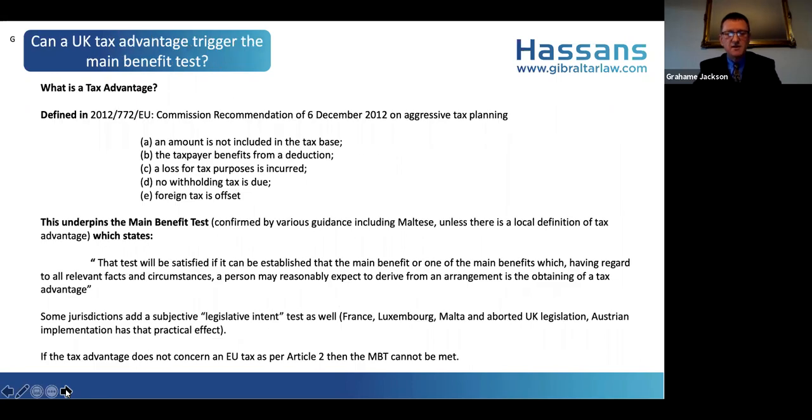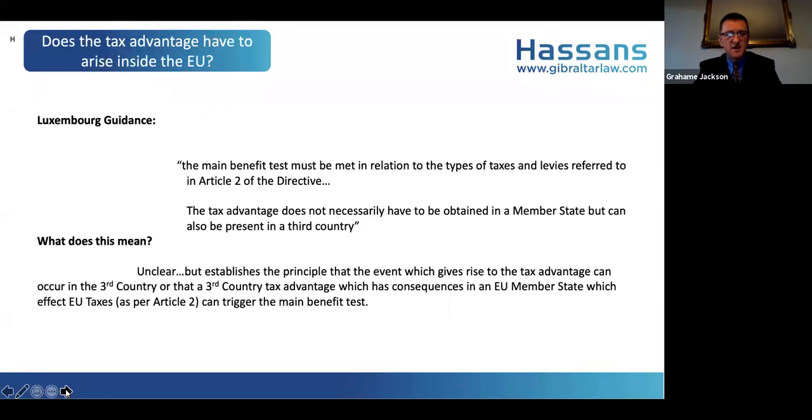So that then leads us to one final slide, which Harriet's going to talk about, which is, well, does the tax advantage itself, not only is the tax in question, but can the tax advantage arise outside the EU? Over to Harriet. So this concern arises in relation to the Luxembourg guidance, and I should state we've put a translation of that guidance there.